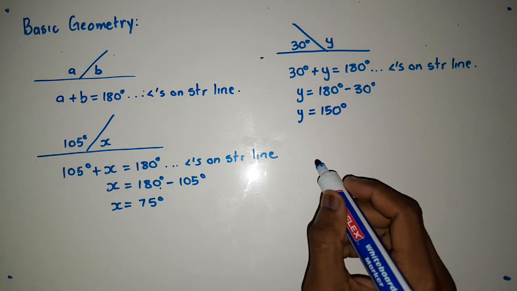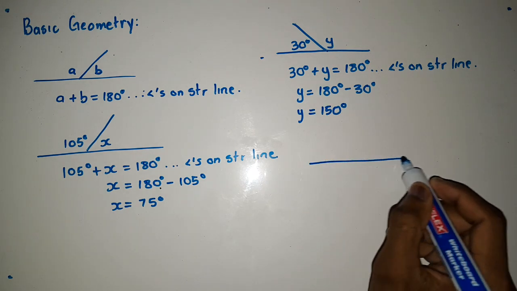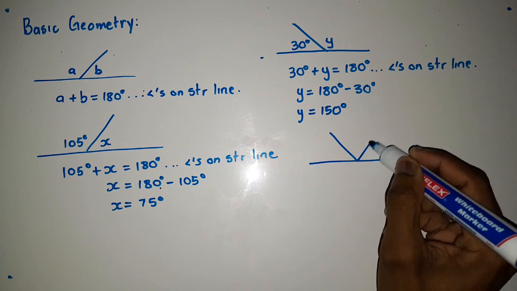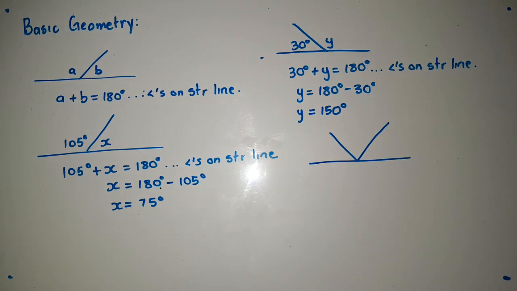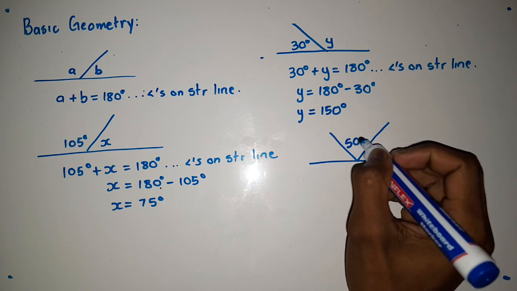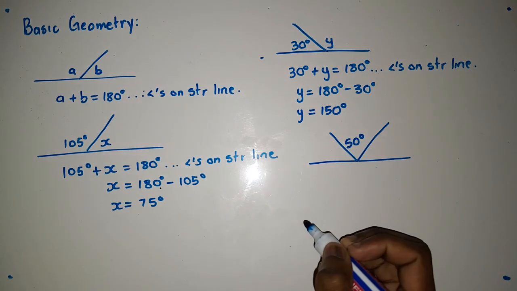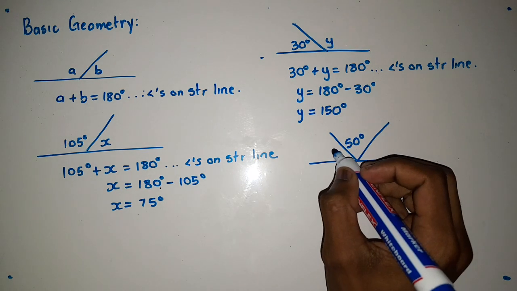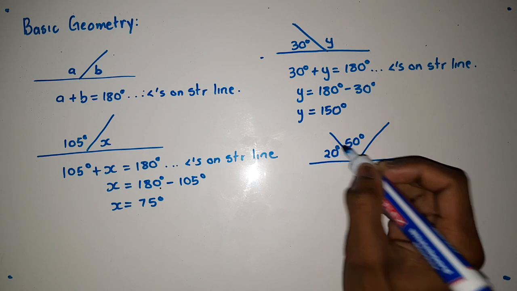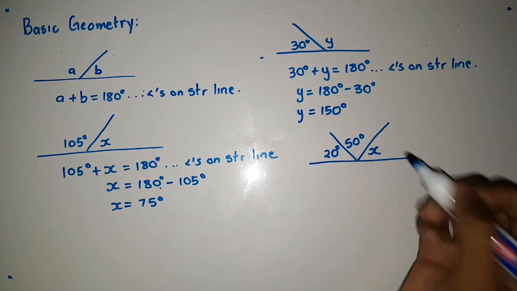The same applies if we have a situation like this. Somewhere here we have 50 degrees, here we have 20 degrees, and here we have x.